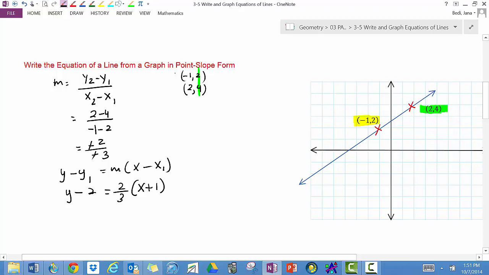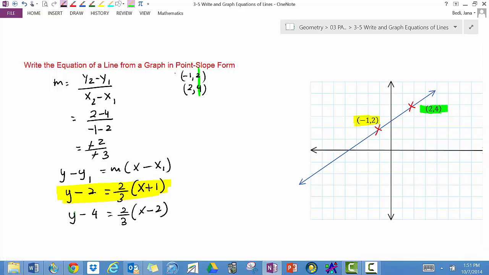So this is one equation. Now the second equation, we'll use the point that's highlighted in green. So we get y - 4 = 2/3 (x - 2). If you convert both these equations to the slope-intercept form, they should be exactly the same.